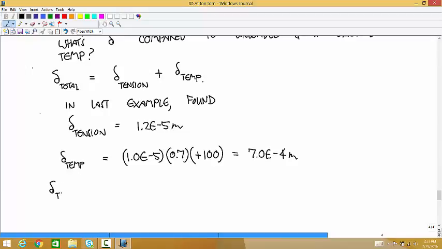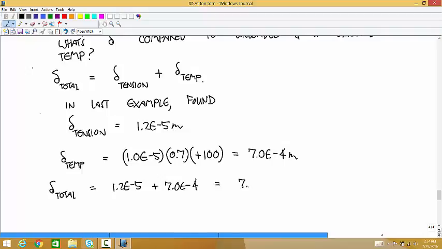So the total elongation is 1.2 times 10 to the minus 5 plus 7.0 times 10 to the minus 4. And so you get, no, you add them.